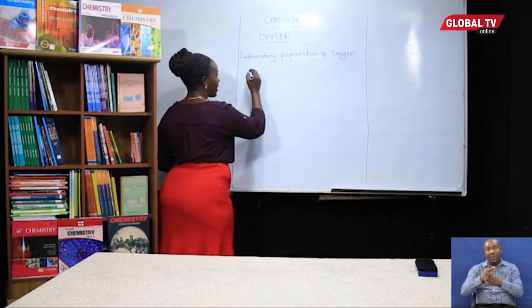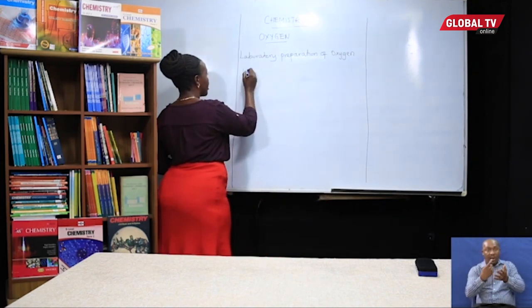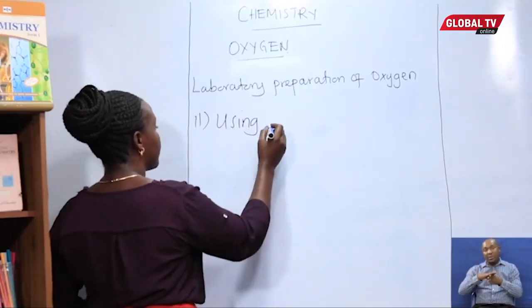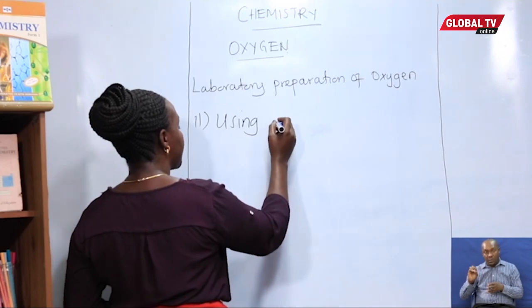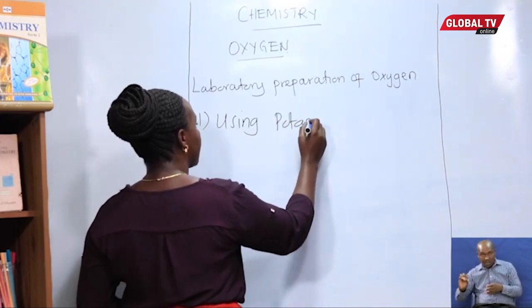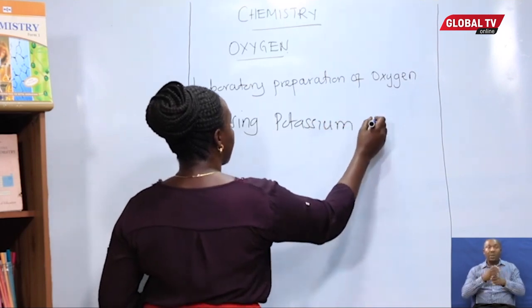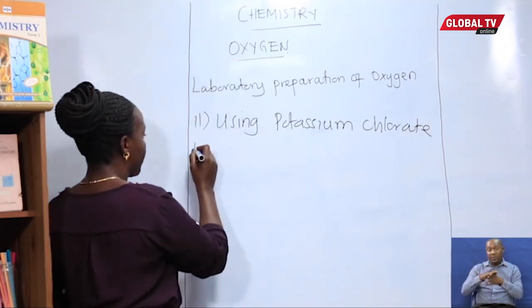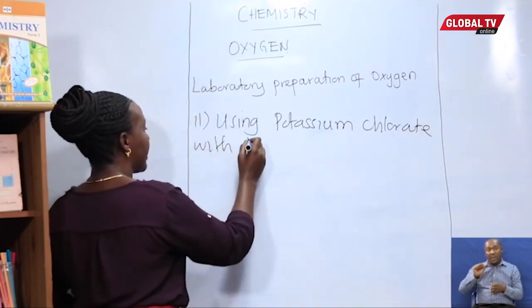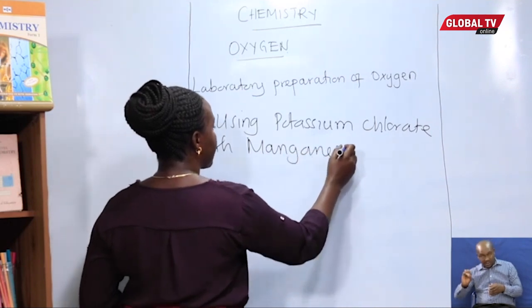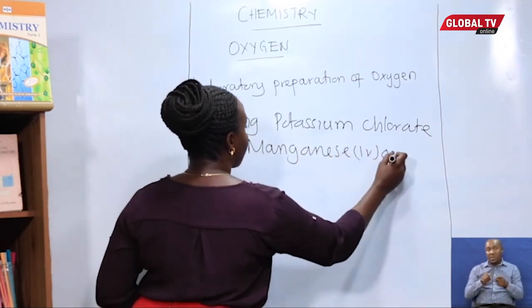So, preparation of oxygen gas, number 2, using potassium chlorate with manganese 4 oxide.